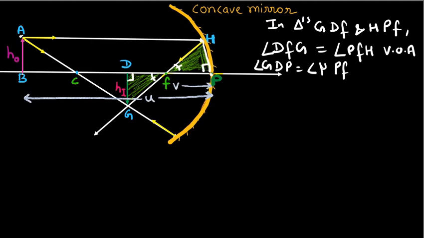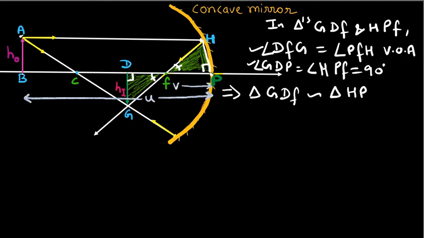Both are 90 degrees. Once we have pairs of equal angles for two triangles, then we will declare that triangle GDF is similar to triangle HPF by the angle-angle similarity criterion. And if two triangles are similar, then their corresponding sides or corresponding parts are proportional.